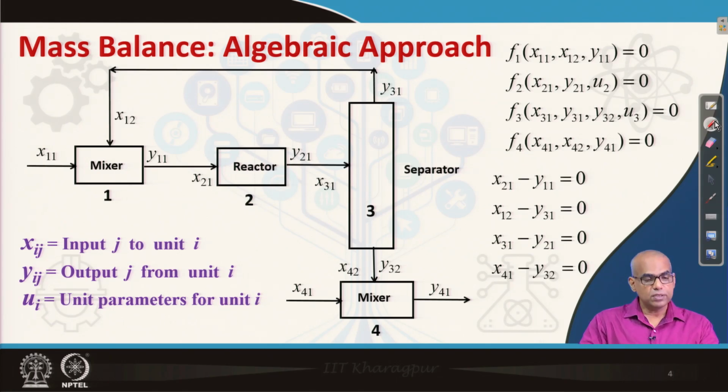So, first X11 input goes to mixer 1, then the output of the mixer goes to the reactor, and the output of the reactor goes to the separator. From the separator, one stream goes as a recycle stream to mixer 1, and the other stream from the separator goes to mixer 4, where it mixes with another stream X41 and you get output Y41.